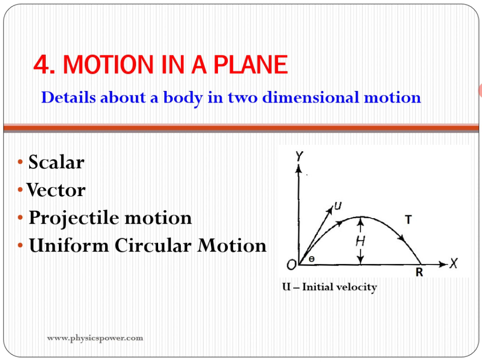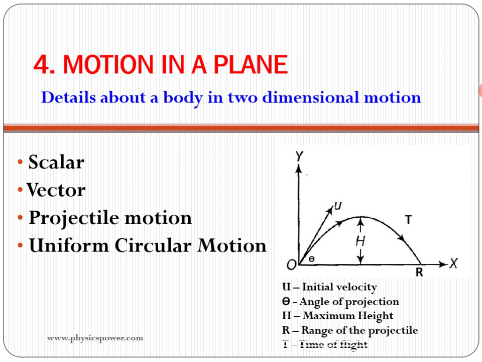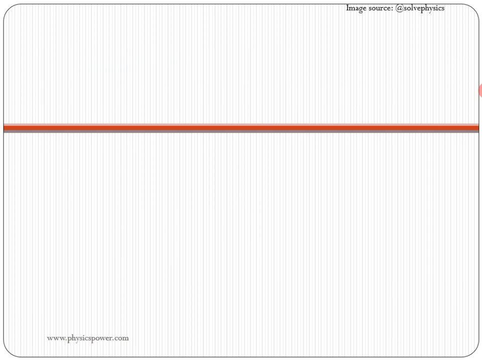If you observe the diagram, it has initial velocity, angle of projection, maximum height H, range R, and T is the time of flight. In projectile motion, the relation between these physical quantities and their analysis will be covered.